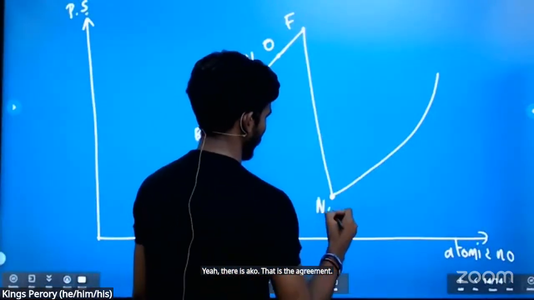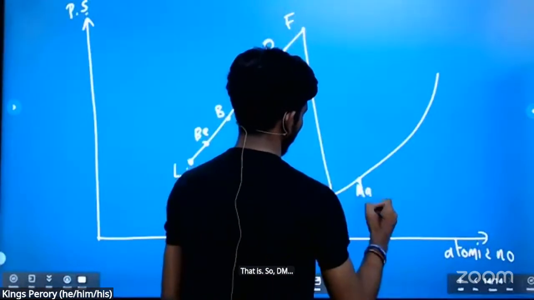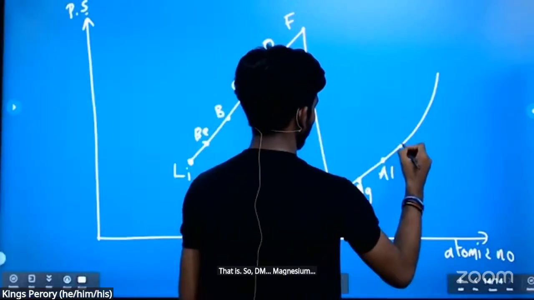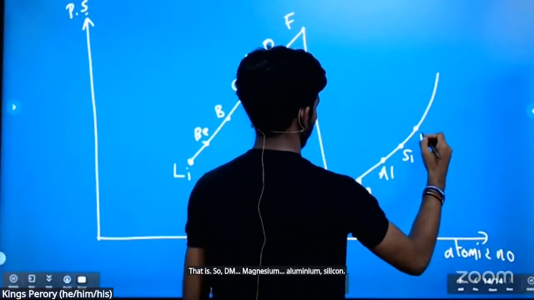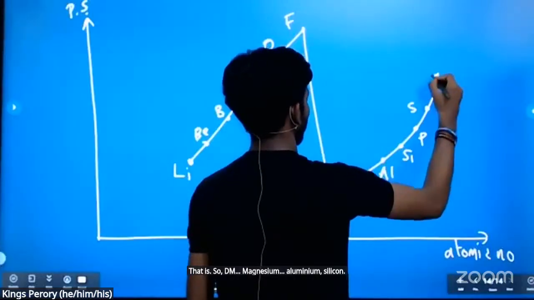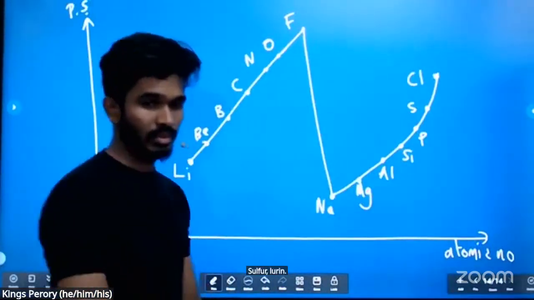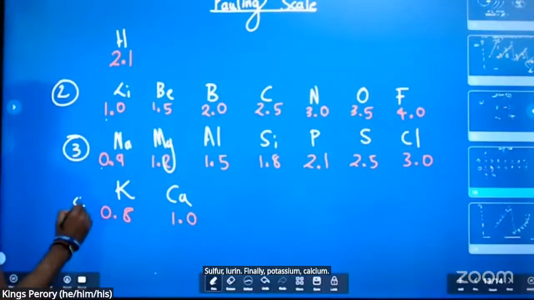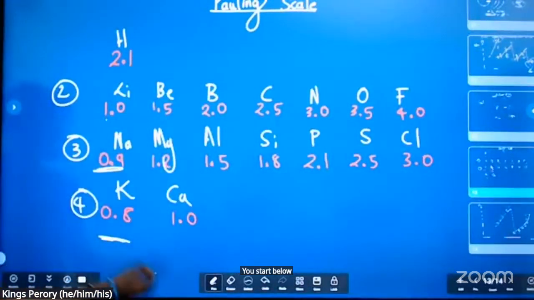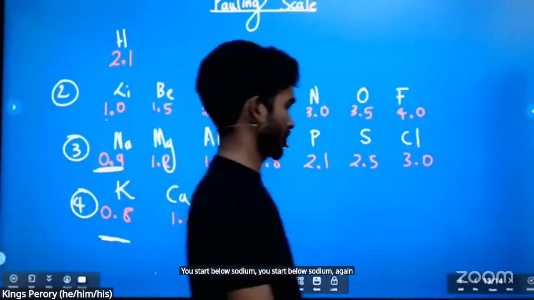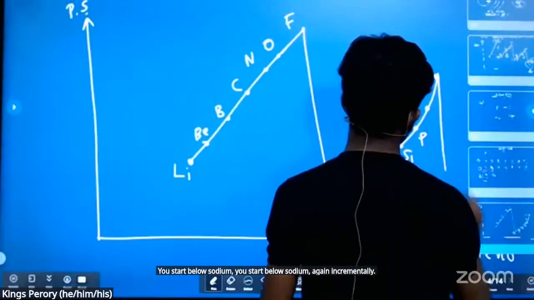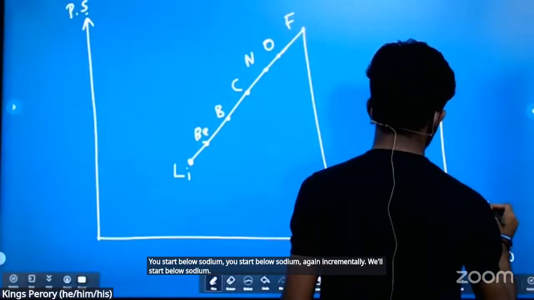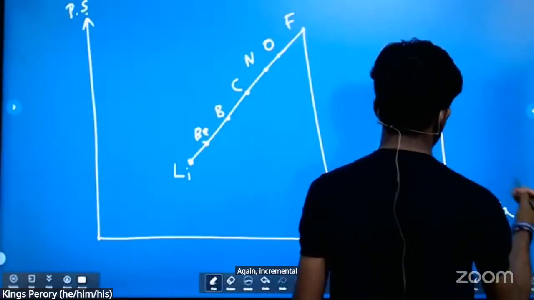That is sodium, magnesium, aluminium, silicon, phosphorus, sulfur, chlorine. Finally, potassium, calcium. You start below sodium, again an increment. Potassium, calcium.